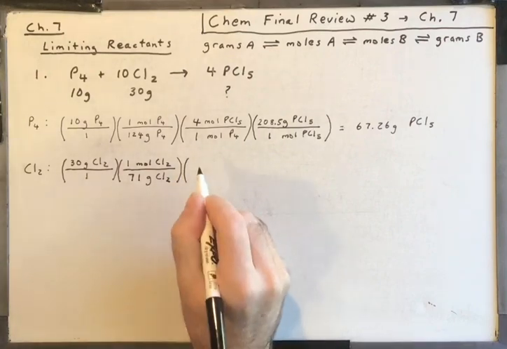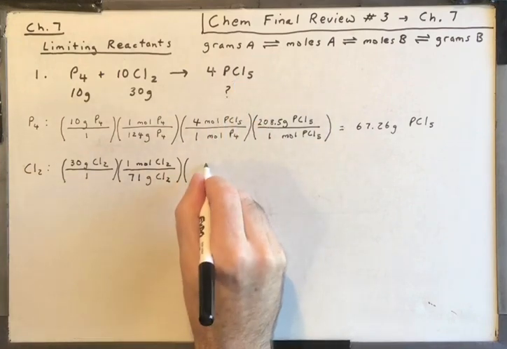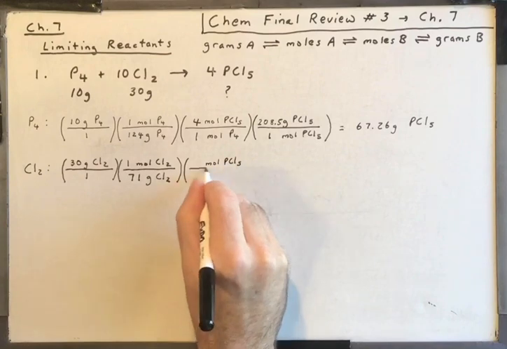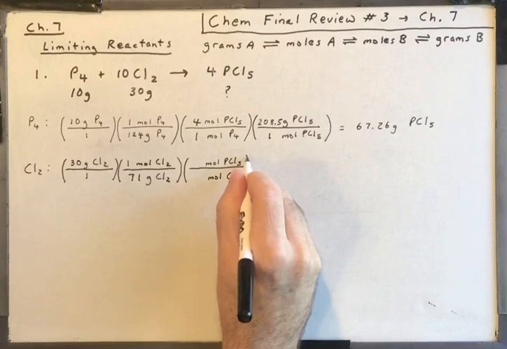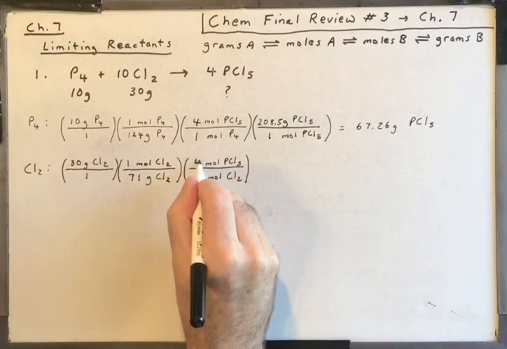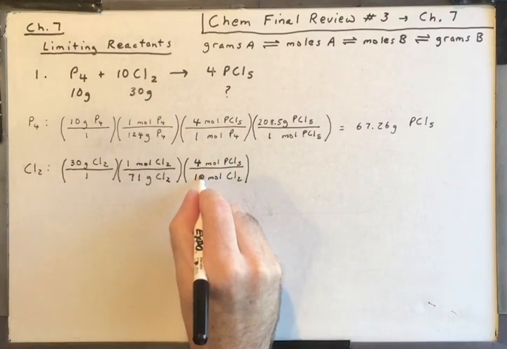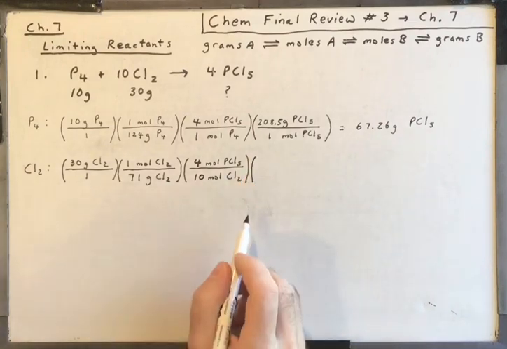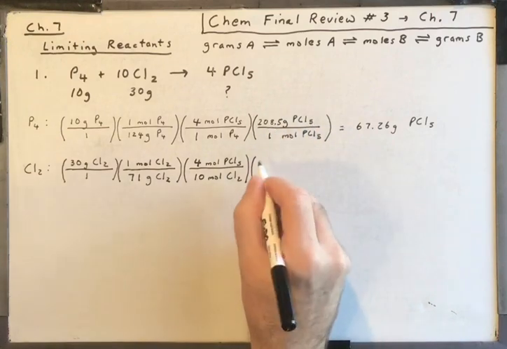Now we go to the stoichiometry. We're going to PCl5, so moles of PCl5. We need to cancel out moles of Cl2. Well, the stoichiometric coefficient in front of PCl5 is 4, in front of Cl2 is 10. All right, so one more. We don't have to do any work. We know that PCl5, if you added it up right the first time, is 208.5.